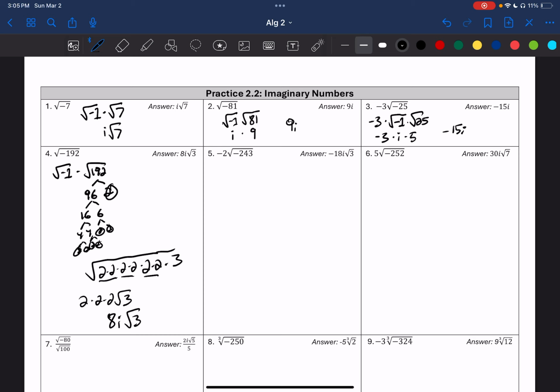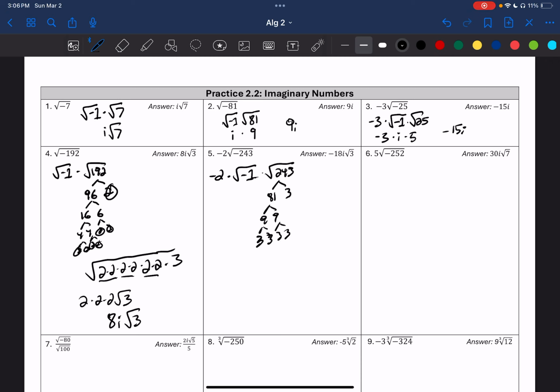All right. And for this one, you gotta leave the -2 out in front, times the square root of -1, times the square root of +243. For 243, you recognize it as 81 and 3, 9 and 9, 3 and 3, and 3 and 3.